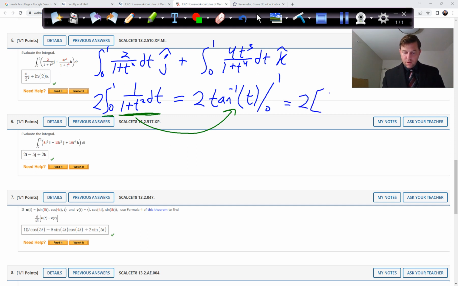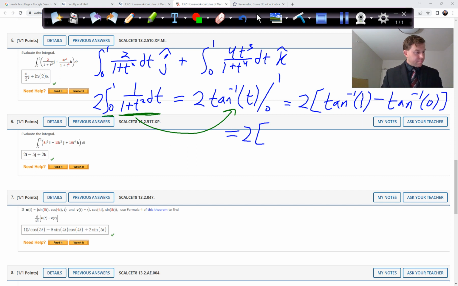Okay, so we're going to get 2 times arctangent of 1 minus arctangent of 0. And arctangent of 1, in radians, is pi over 4.